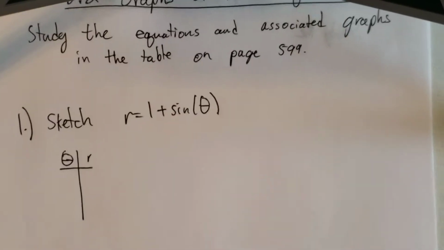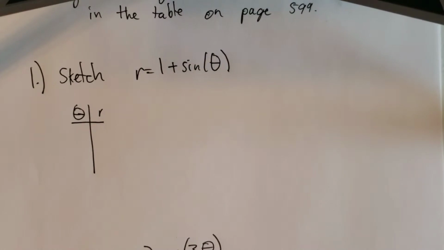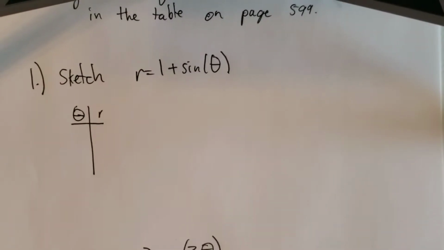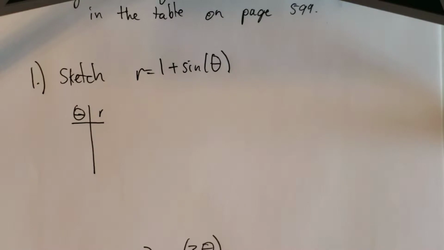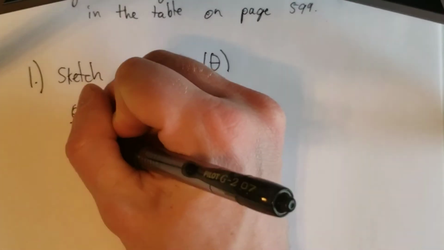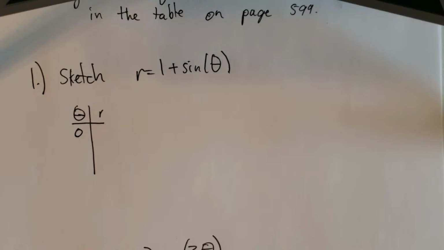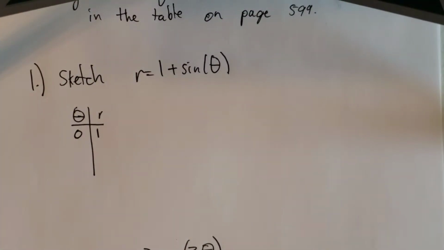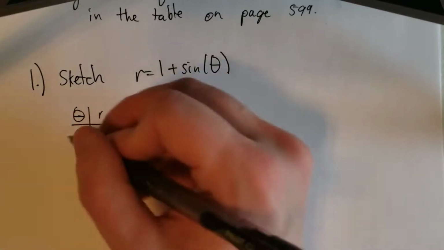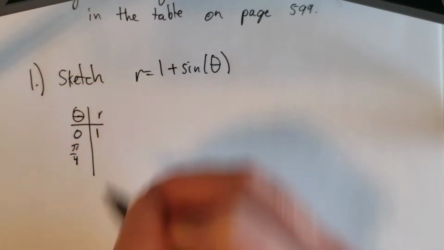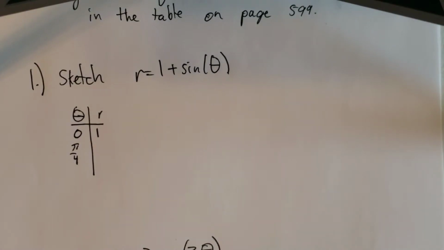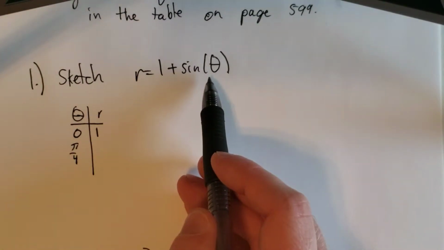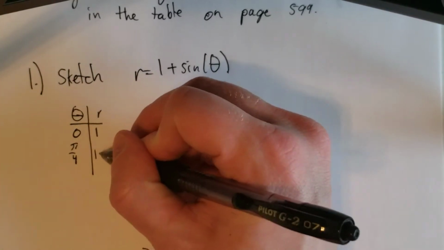If we're going to draw some points, we're trying to sketch r is equal to 1 plus sine of theta. Let's plug in some theta values. Suppose I plug in theta is equal to 0. If theta is 0, then sine of theta is 0, so 1 plus sine of theta is 1. What if I plug in pi over 4? Sine of pi over 4 is root 2 over 2, so we get 1 plus root 2 over 2.